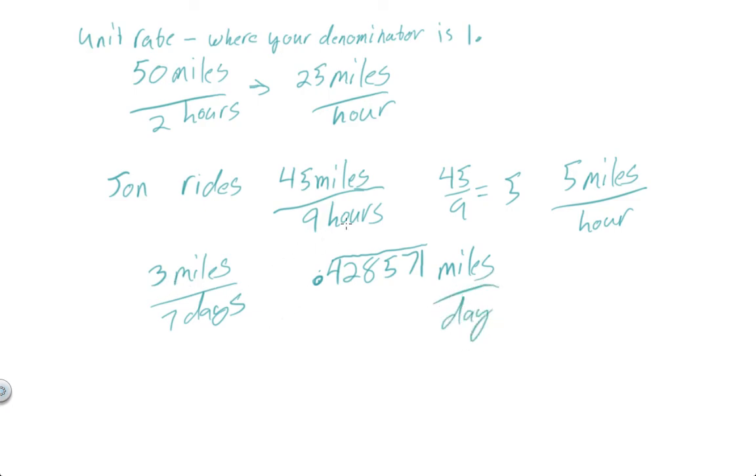Okay, and you could round that. But yeah, so in all cases, if you're getting a unit rate, you're just going to divide your top number, your numerator, by your denominator, and you're going to keep your units, miles per day. We could change the units, but that's a different operation.